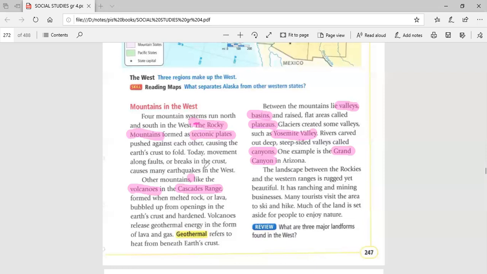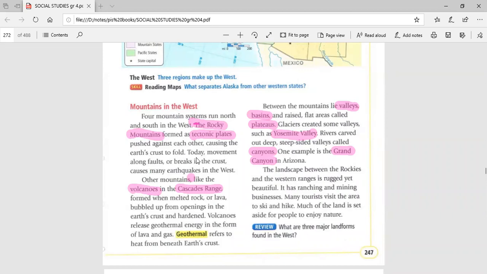This is what I want from this passage: when I ask you about the landforms, the mountains, the valleys, the plateaus, the canyons, and the most famous mountains, valley, and canyon in the West. This is for page 247.